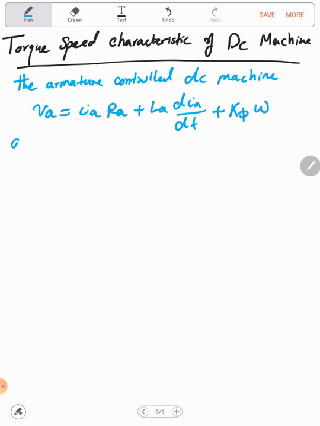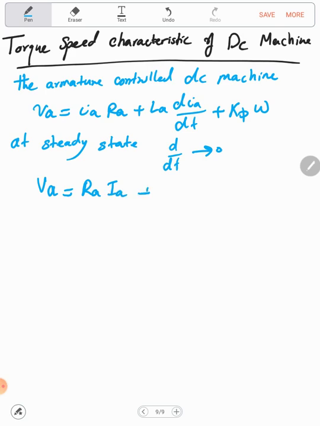Now at steady state, which means that all the variables are constant, d/dt will go to 0. We will end up with V_A equals I_A R_A plus K phi omega.